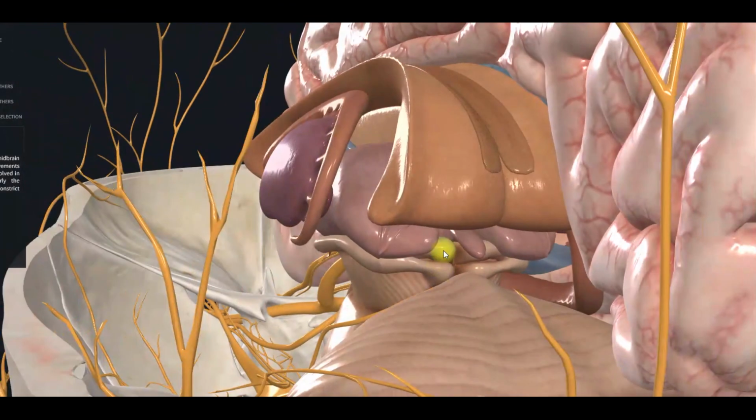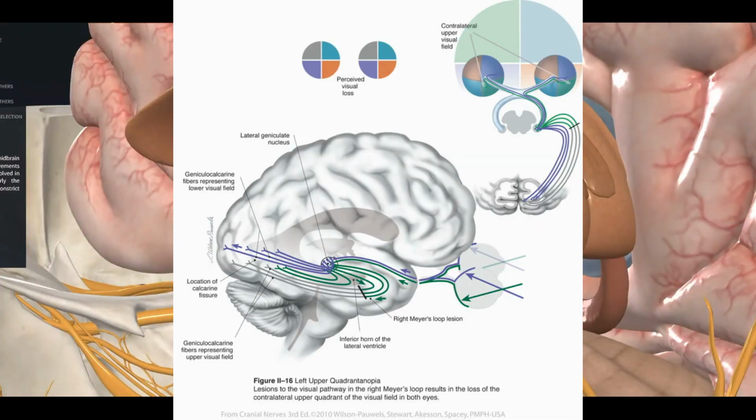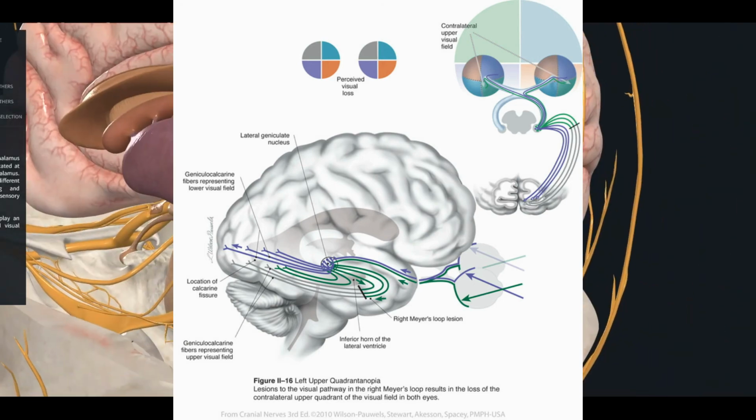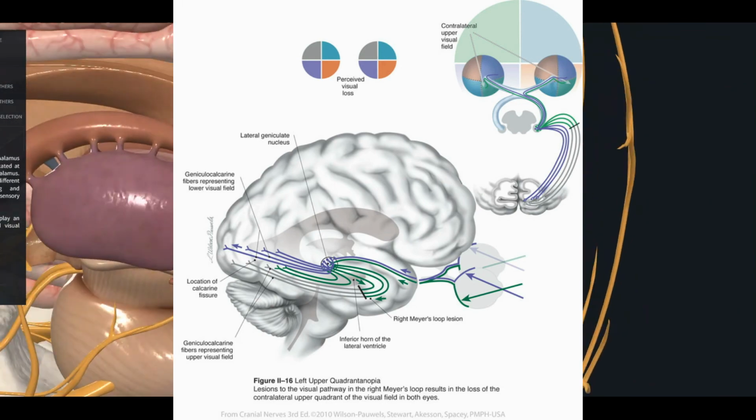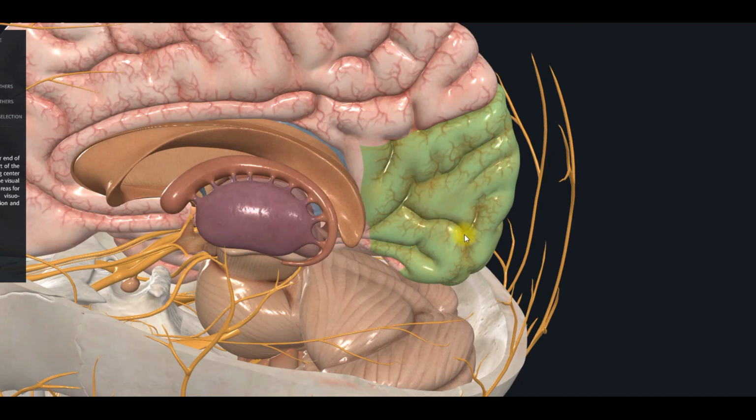From the superior colliculi, it is distributed downward by the tectospinal pathway, and from the pulvinar of the thalamus appear two pathways, the loop of Meyer and the optic radiation, which runs to the occipital lobes, to the calcarine sulcus, which is the primary visual cortex.